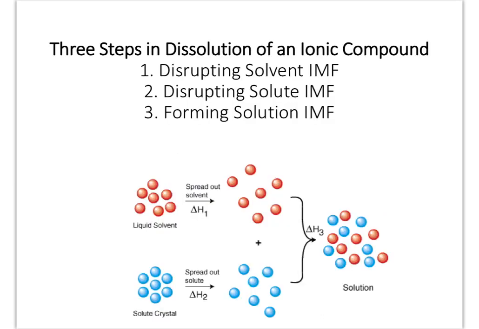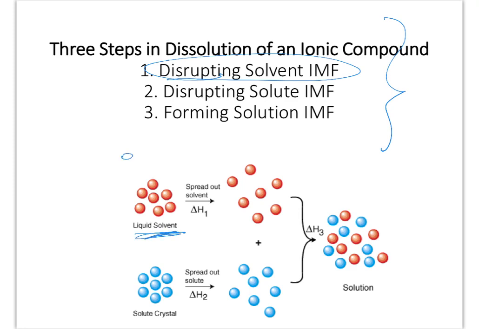All right, here we go. This is a little bit more in depth on the theory of dissolving. There are three steps when you dissolve an ionic compound. The first step is you have to disrupt or overcome the intermolecular forces within the solvent itself.